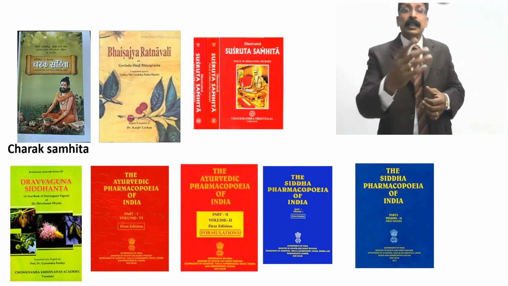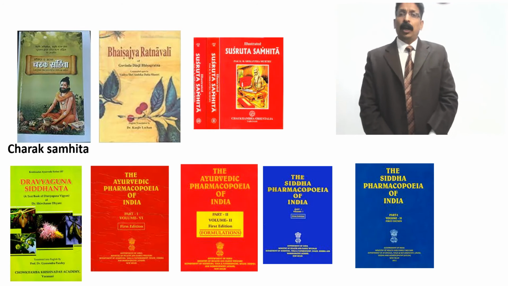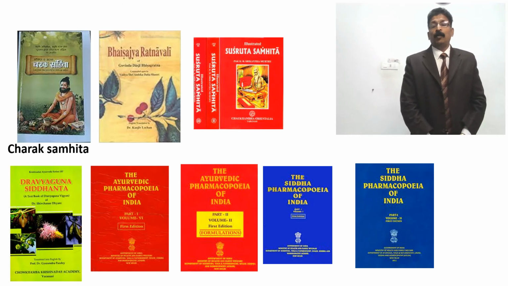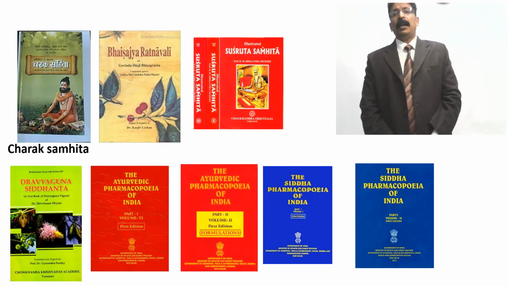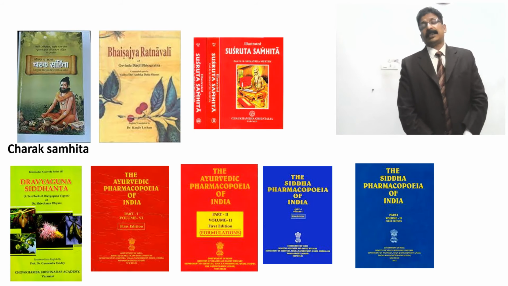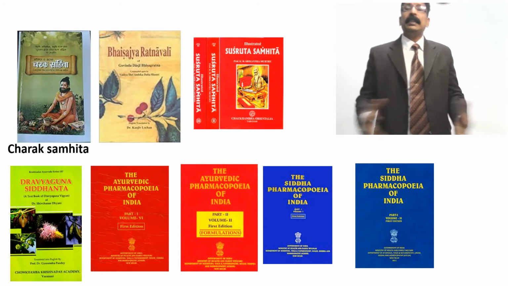Especially you can see the Ayurveda Pharmacopoeia of India, Volume 1, Volume 2, and the Siddha Pharmacopoeia of India, Volume 1, Volume 2. These are some of the pharmacopoeia standard books which have been written by experts, and they also give a valuable list of herbs, what their pharmacological action is, and how they can be prepared and standardized. All these details will be given in these books.